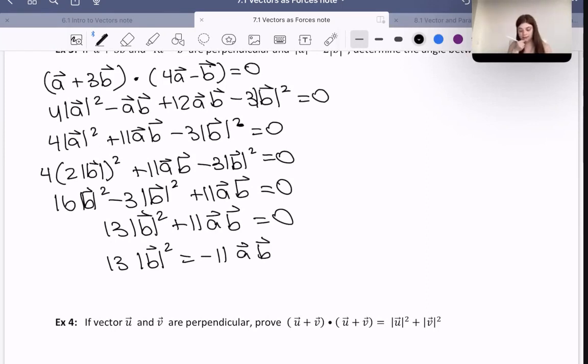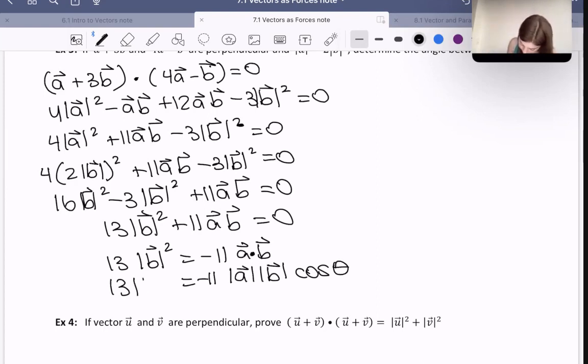Okay? So at this point, I'm actually going to take the dot product of a dot b, right? We know a dot b is what? Well, a dot b is the same as magnitude a times magnitude b times cosine of theta, right? And theta is what we're trying to find at the end of the day.